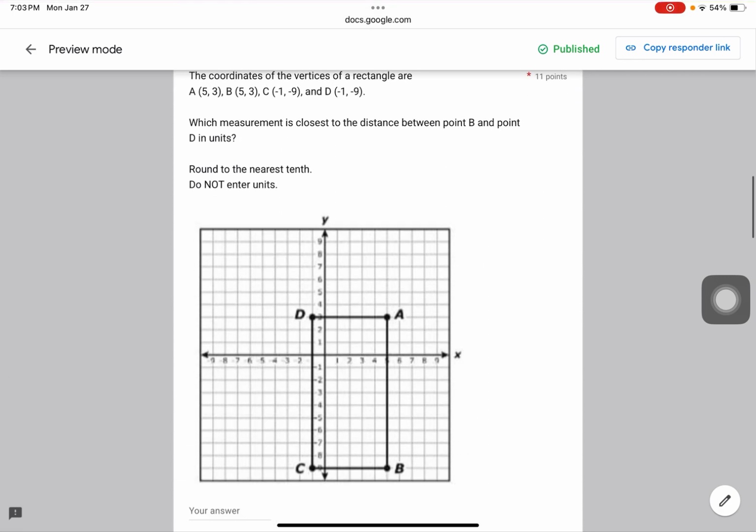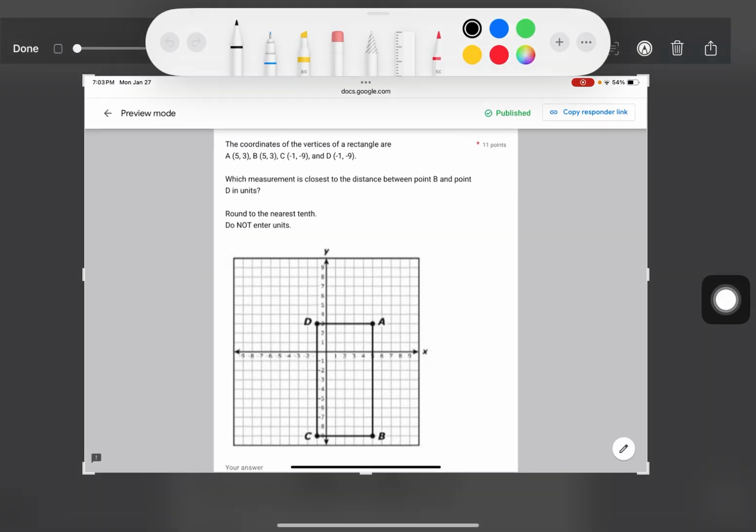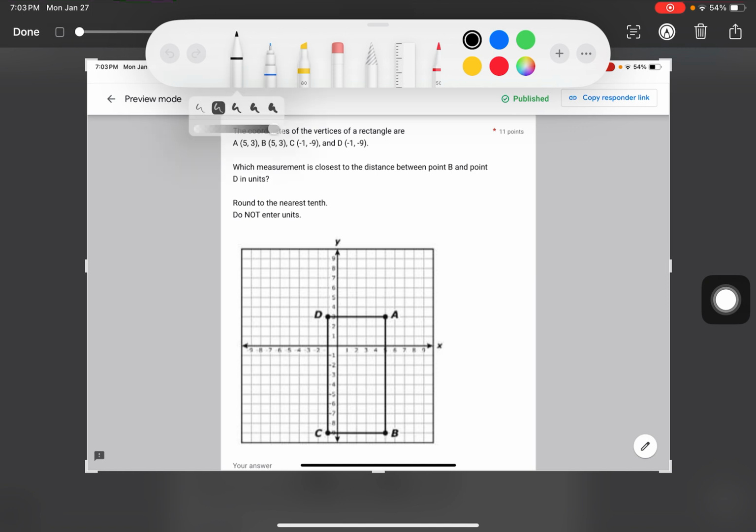Then for distance, when it asks for distance, it's asking for the hypotenuse. On this one, it's asking the distance from D to B. You already have the sides of the triangle drawn.